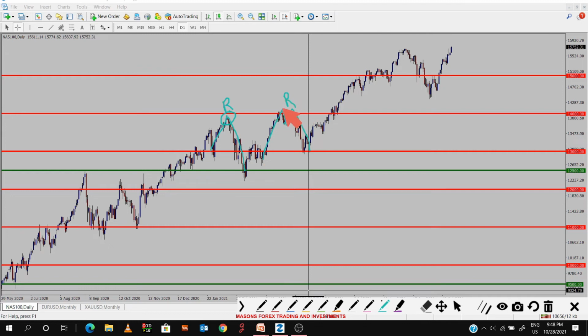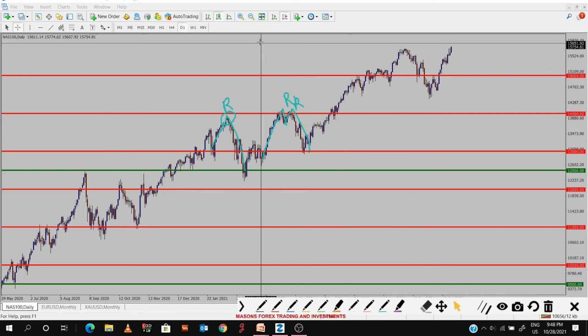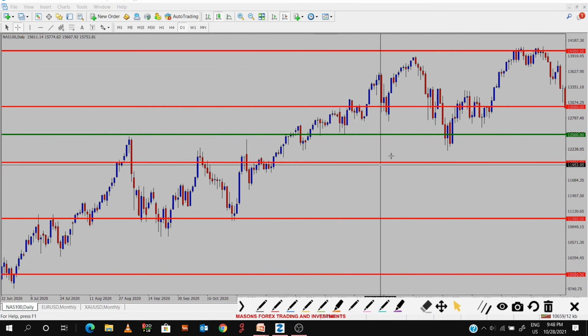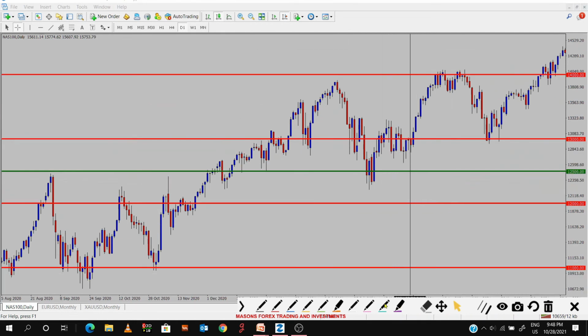And you can see two resistance levels. Let us look at it again. So you can see price doesn't exactly reach the 14,000 level.